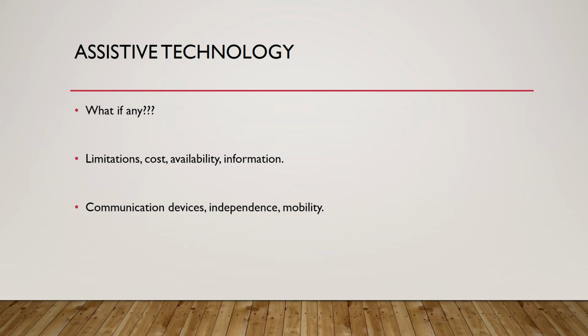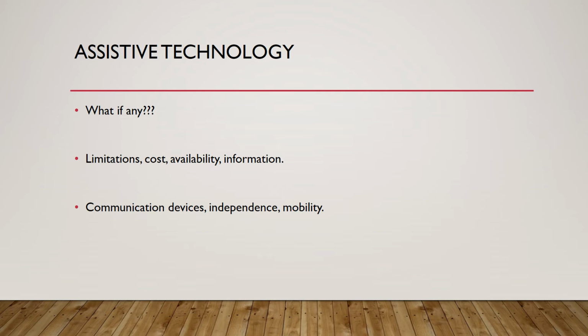But with this assistive technology, there are huge limitations. I come from a small school district where cost is a huge factor. Our budget's low because we're a small school district in a rural community.